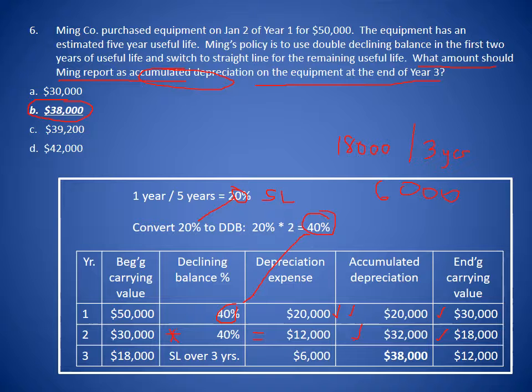So our depreciation expense in year 3 would be $6,000. And our accumulated depreciation then would be the $6,000 plus the $32,000 from the previous year. So our accumulated depreciation would be $38,000.